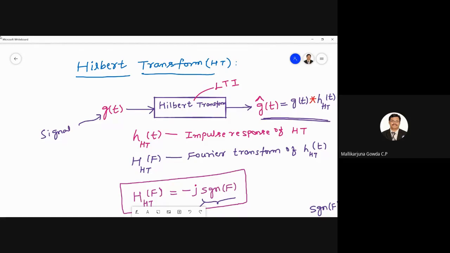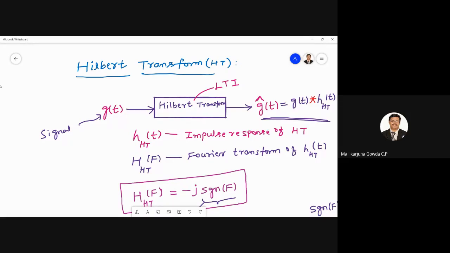Mathematically we express the Hilbert transform of a signal as g cap of t or g hat of t, which is equal to g of t convolved with the impulse response of the Hilbert transform, right?